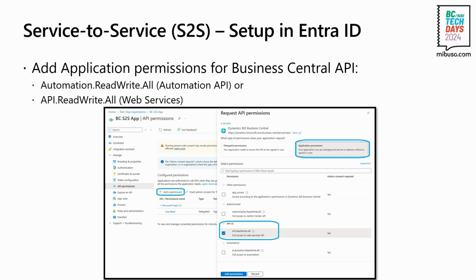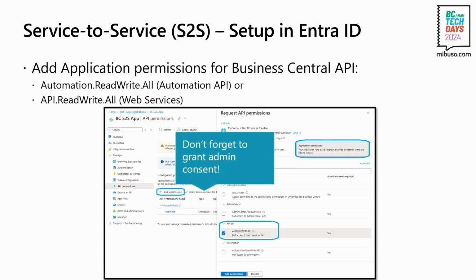And right above, you also see AdminCenter.ReadWrite.All, which is the one that Roman used before. Finally, don't forget to grant admin consent. So give it a name, add a client secret, put a check mark in this API permission. That's all it takes. Now we're done on the Entra side.